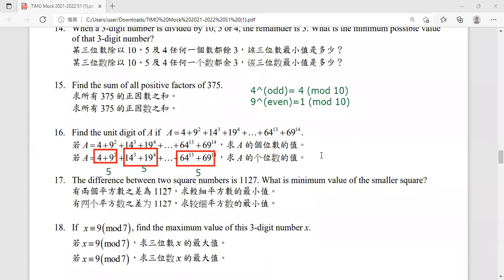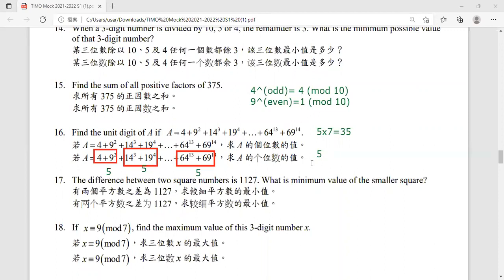How many pairs of 5 here? You have 7 pairs. So if ending up with 5, 7 pairs only. So the ending is 5.